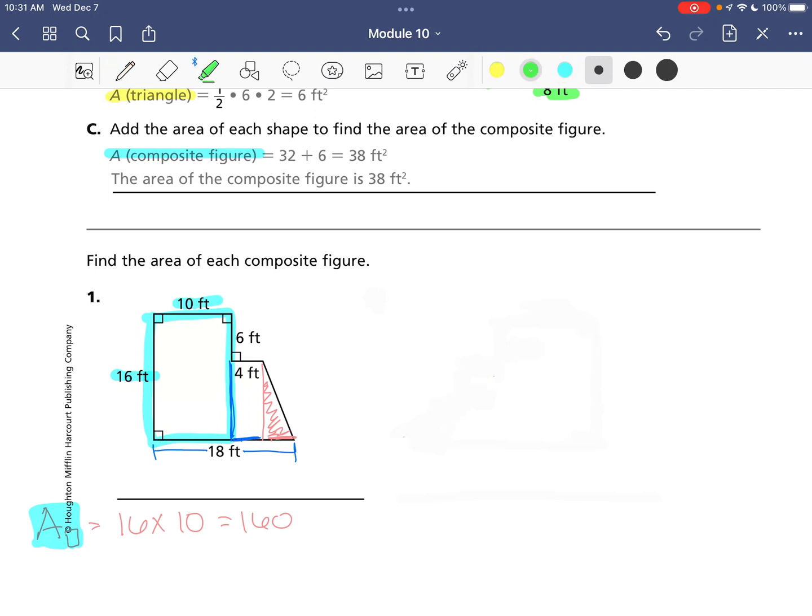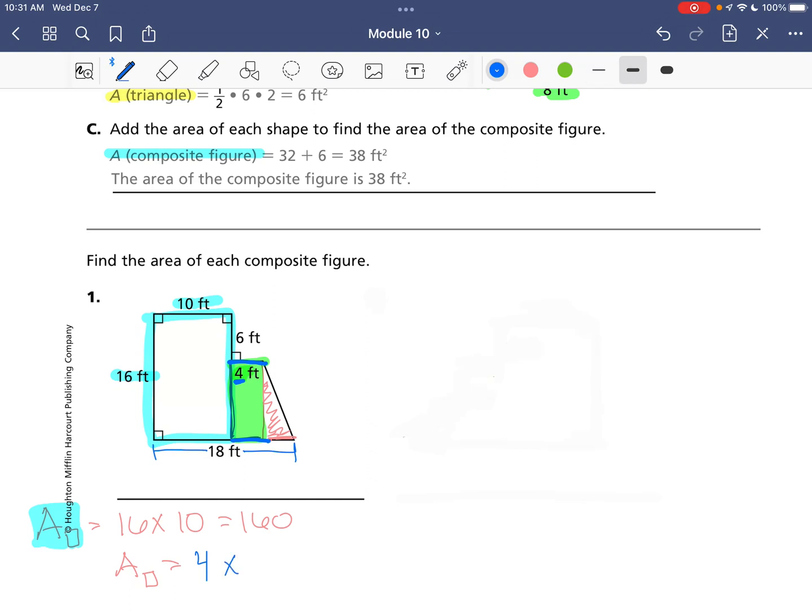And now we have our little rectangle. I'll do that in green. Okay, so that's gonna be area of our little rectangle. Let's go back to blue. We know this length is 4. So that means if the top of our rectangle is 4, the bottom of our rectangle is 4. And then what is our height?